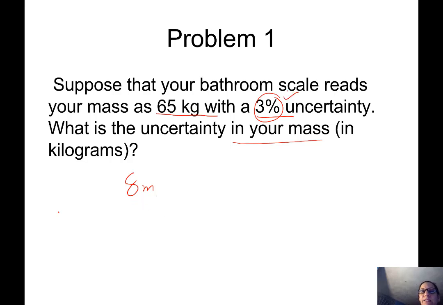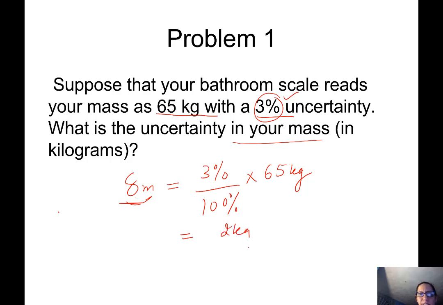The percent uncertainty and the uncertainty are two different things. So you put this as 100%, in order to find the actual uncertainty, multiplied by 65 kgs, and when you work on this, you get 2 kg uncertainty.